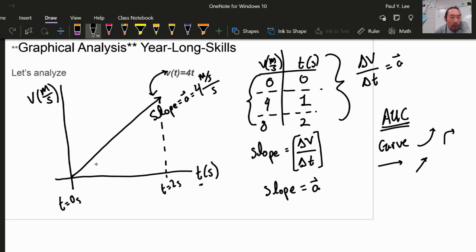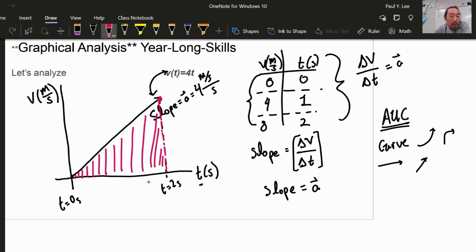Just like what I did, you're going to try to create a shape. So at the 2 second mark, I'm going to create a dotted line all the way down to the x-axis. And the shape that you get between the curve and the x-axis, that is our area under the curve.